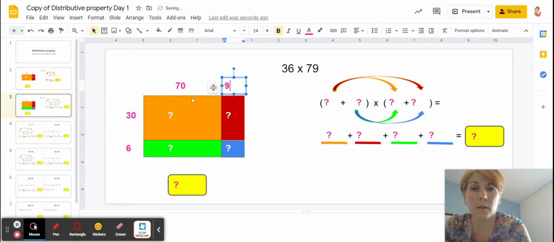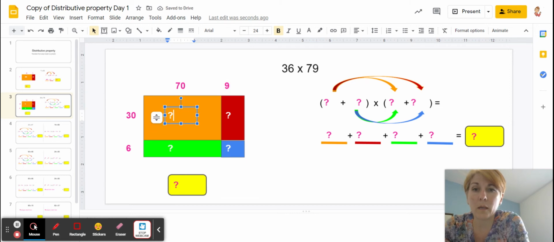Now in this rectangle, I have a side length of 30 and a side length of 70. 3 times 7 gives me 21 and 2 shifts, the 0 from the 70 and the 0 from the 30.